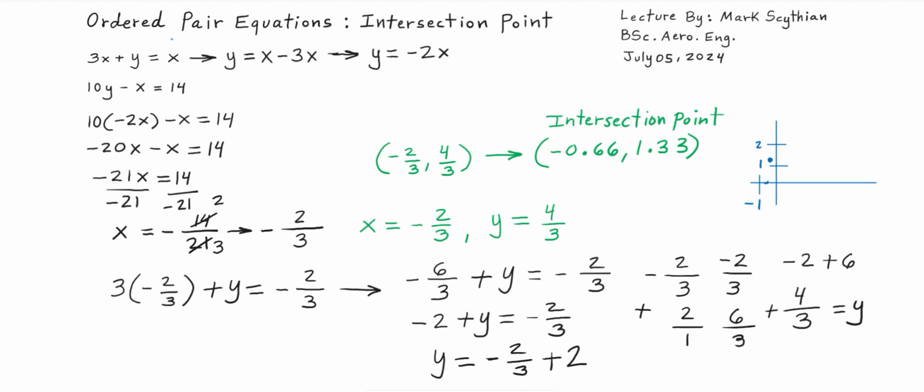So you could also use the y is equal to mx plus b method to solve for the m value, or the slope, the rise over run, the y over x, and then of course the y-intercept is the b value, but the question only asks for the intersection point.